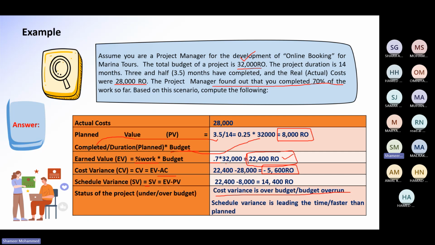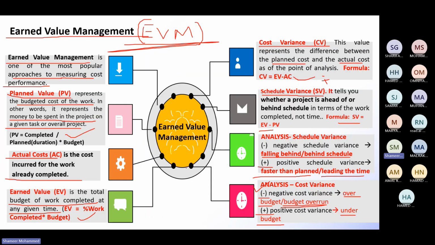Now time, check for the time. So time formula here, earned value minus planned value. So earned value you already have here. The planned value you calculated here. So if you do that, this is your variance, right? So 14,000. So it is positive value. See here, it's a positive value. Okay, positive value. Positive means your work is fast, but you are spending more money.